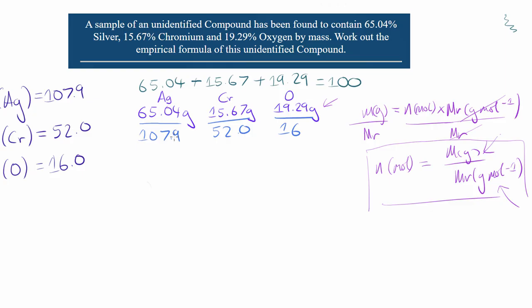I'd invite you to have a go and see what you get when you calculate all of these. I'm personally going to be giving things to 5 decimal places at this stage.